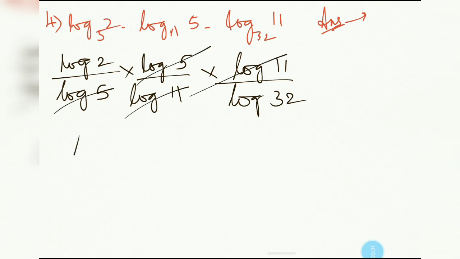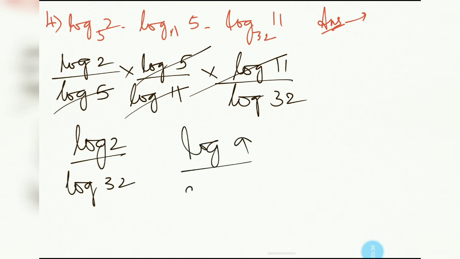So what is left out? Log 2 by log 32. Now when you have something like log a by log b, it is nothing but log a to the base b. The converse is also true. So I'm going to write it in such a way now: log 2 to the base 32.